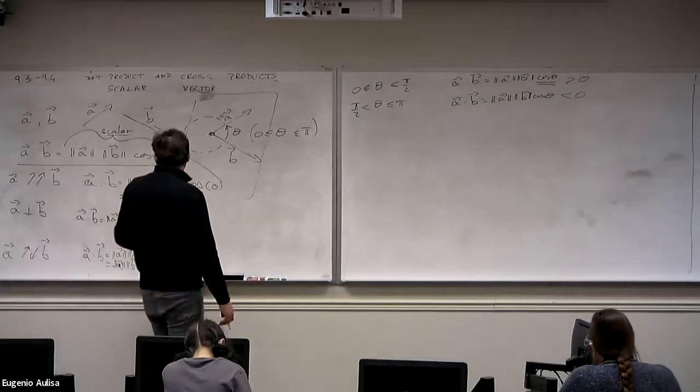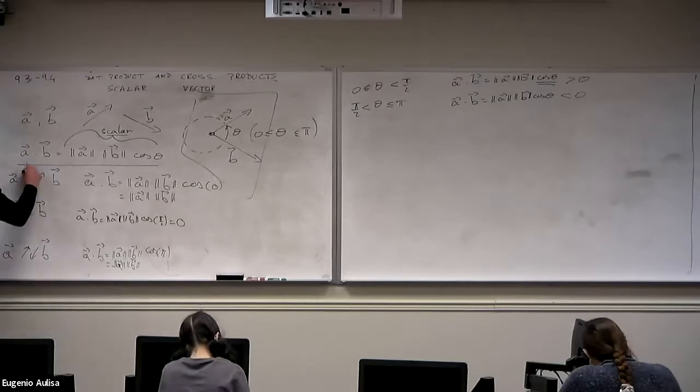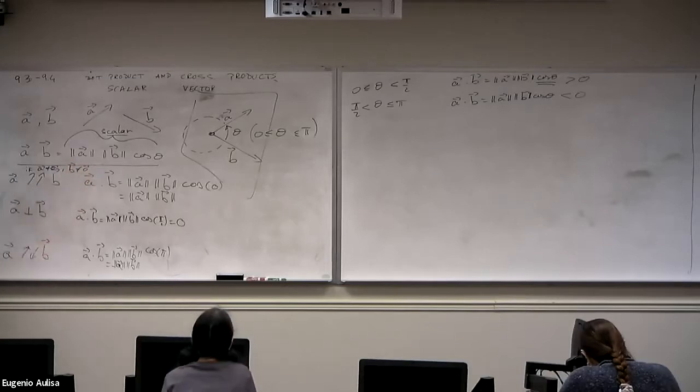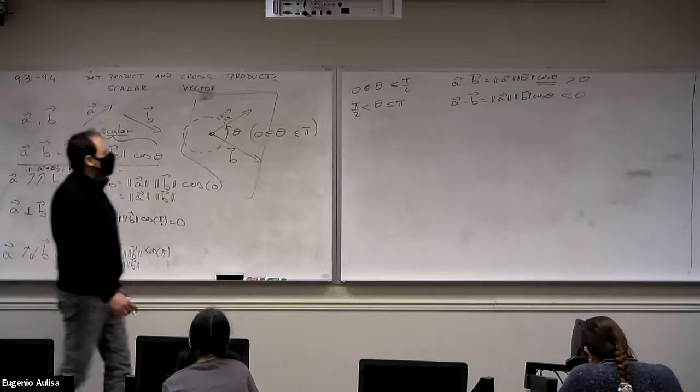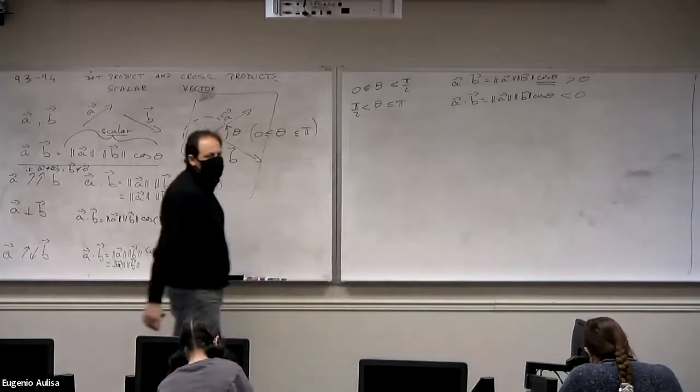So all I said until here has a condition that A is different from the 0 vector and B is different from the 0 vector, because otherwise you always get a 0, no matter what. Okay? Because either the size of A or the size of B is equal to 0.